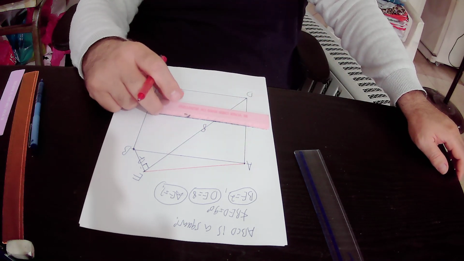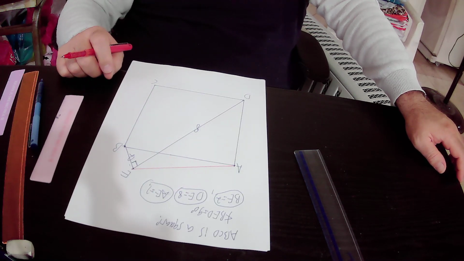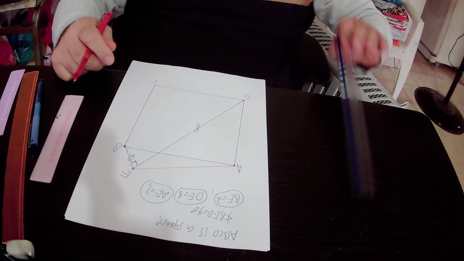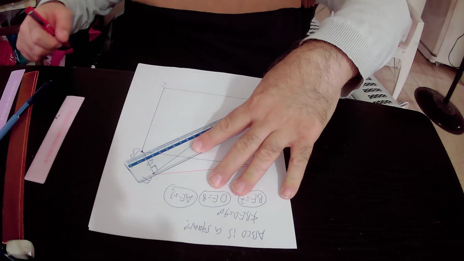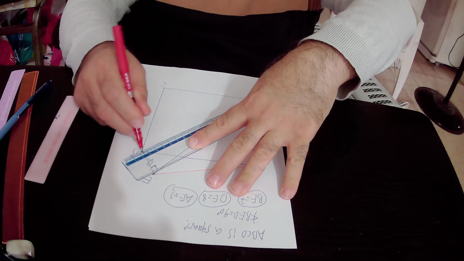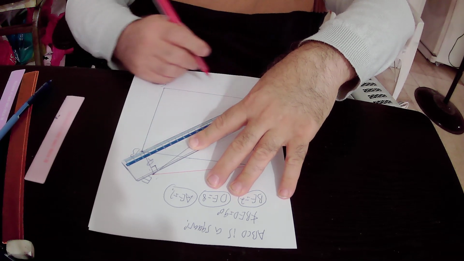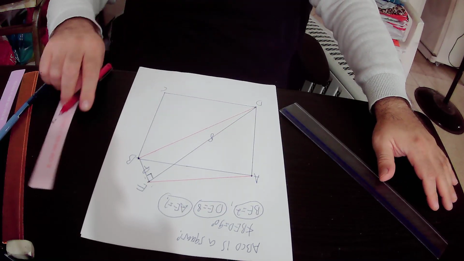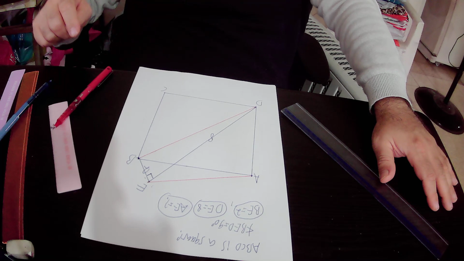So first of all, we join together points D and B by a straight line. We also know that angle BED is a right angle, it equals 90 degrees.